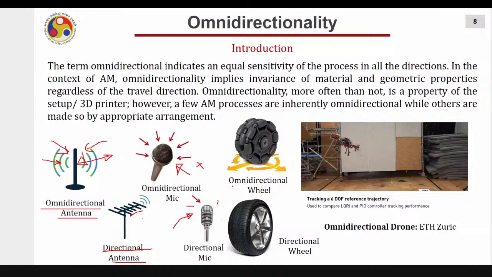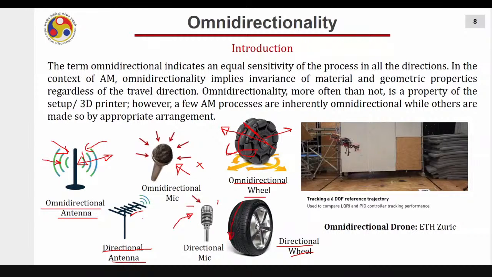Now this is an omnidirectional wheel and this is a directional wheel. In the case of the omnidirectional wheel, you can just apply the force and the wheel can go in any direction. It can go in this direction, in this direction, in any direction on the XY plane. While the bottom wheel, if you see, can roll over only in one direction, that is forward.